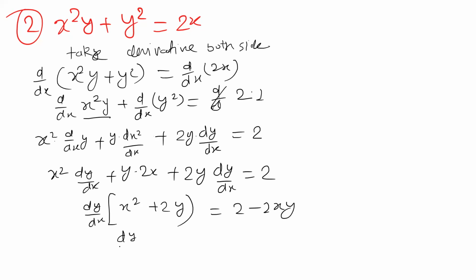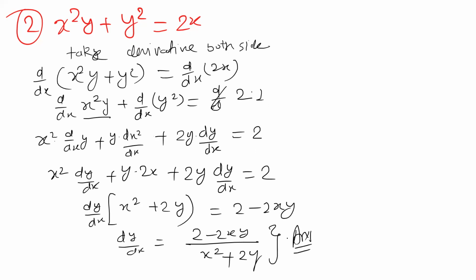Then finally dy by dx is equal to (2 minus 2xy) by (x square plus 2y), right? This is my final answer. Okay, so this way we will deal with this type of question.